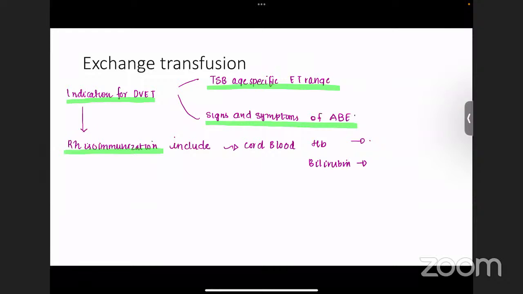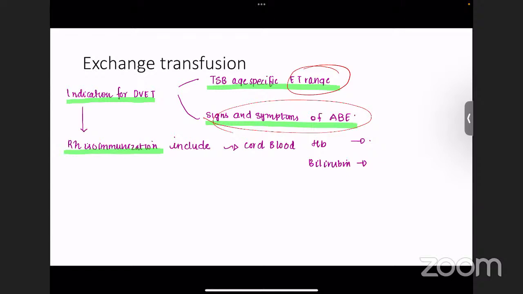Indication of double volume exchange transfusion: any TSB above the age-specific ET range, as I said, according to the chart given, and signs and symptoms of ABE like seizure, hypertonia, opisthotonus, increased incessant cry, high-pitched cry, all other signs of acute bilirubin encephalopathy present, or your TSB in the chart is going above the ET range, then you go with ET.